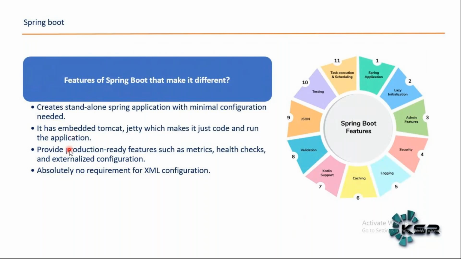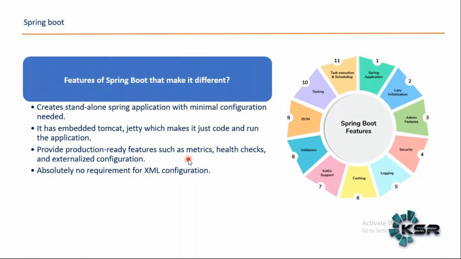It provides production ready features: if you add the actuator, you can see the health condition of the server, how our server is running with our present application load, whether it is scalable or not. Earlier we would be using JMeter and everything. Instead of that, we can use the actuator for the health check.